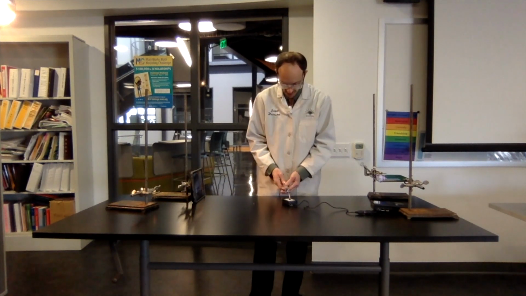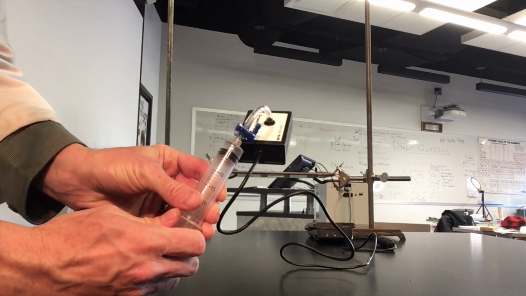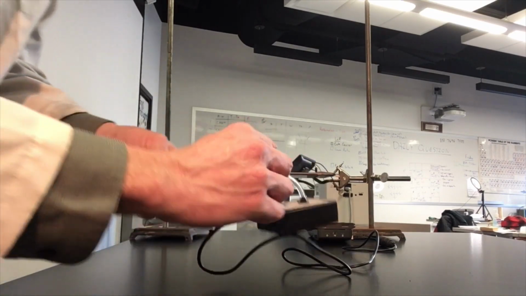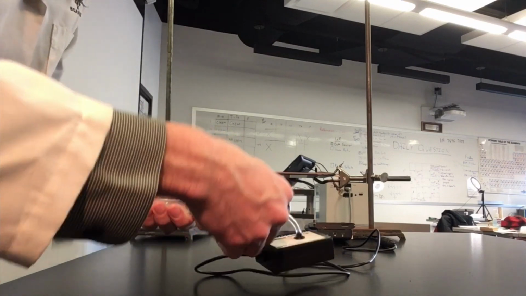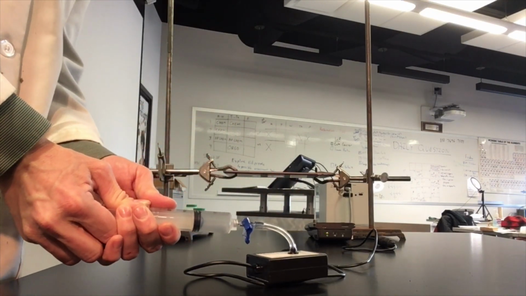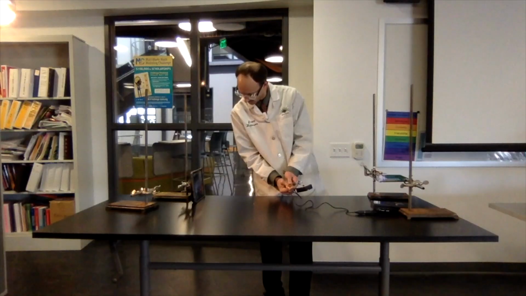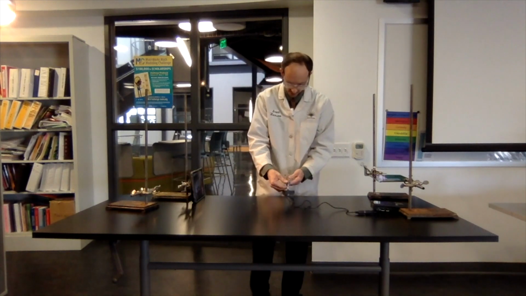So the one that I'm going to initially set it to is going to be that 2.5, okay? So I'm setting this to 2.5. And then I'm going to close it off, let the system equalize. And now I'm going to pull it to 10. And at 10, I'm reading 32.6.